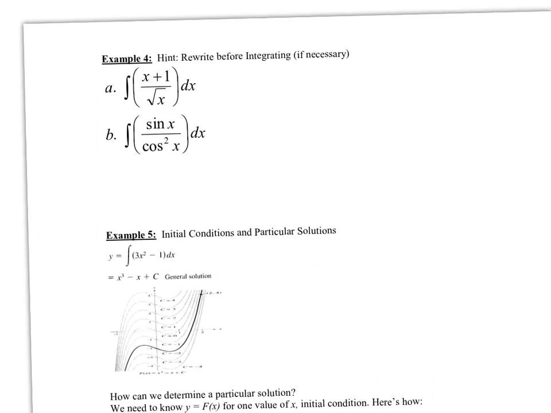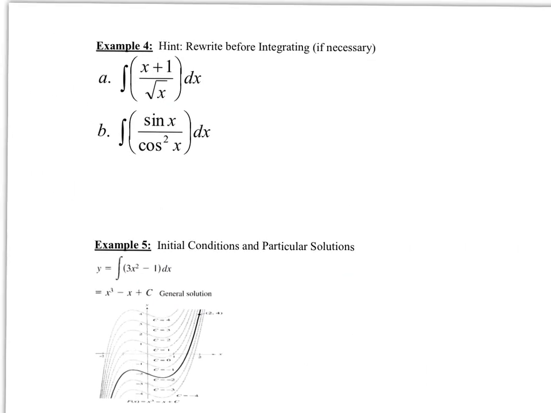Last page, example 4, hint: rewrite before integrating if necessary. So it is always beneficial to simplify your expression before integrating. In this case, I can rewrite this as a separate fraction.